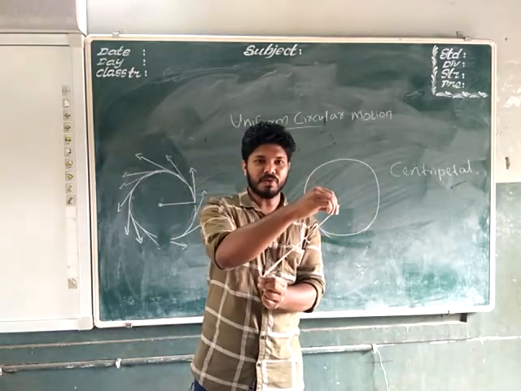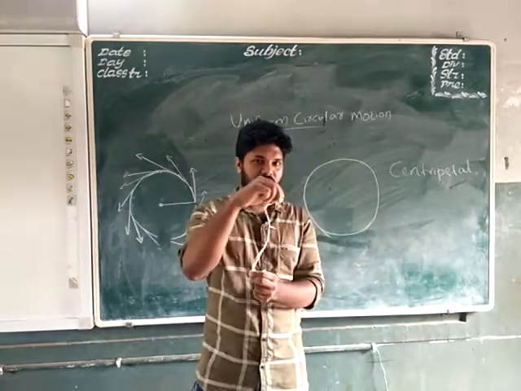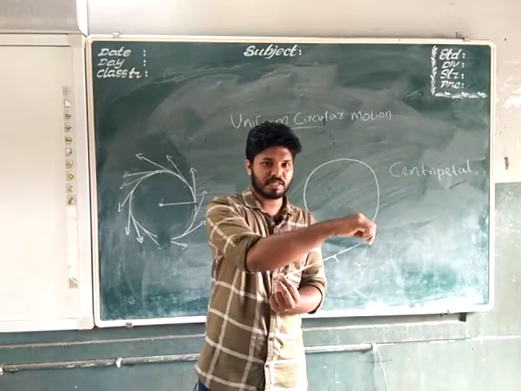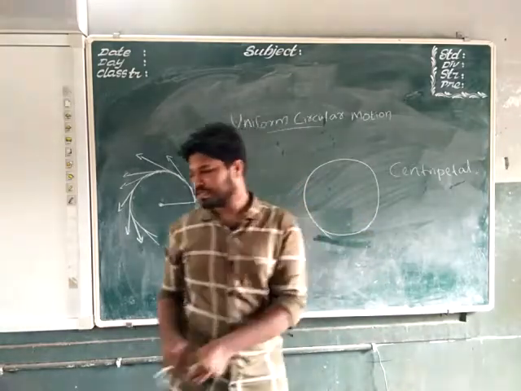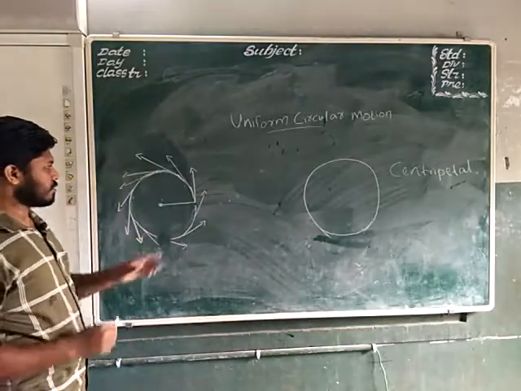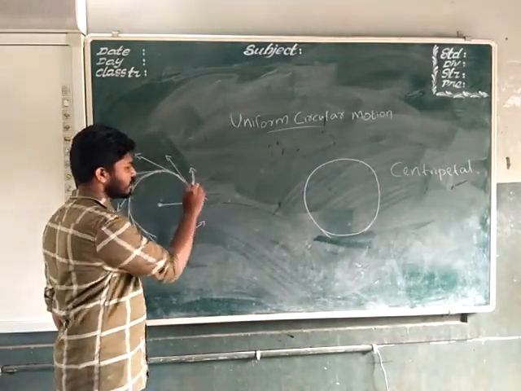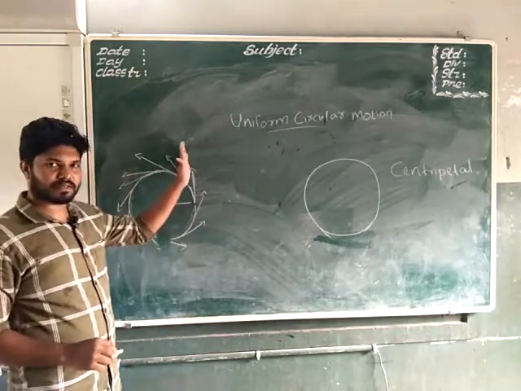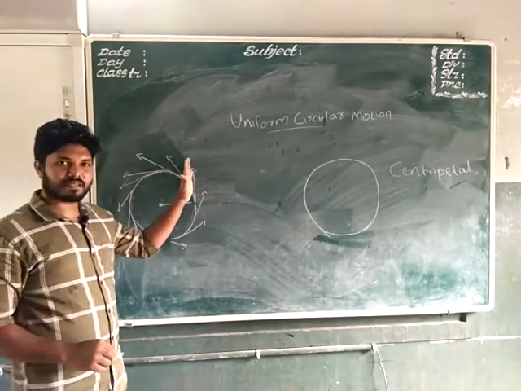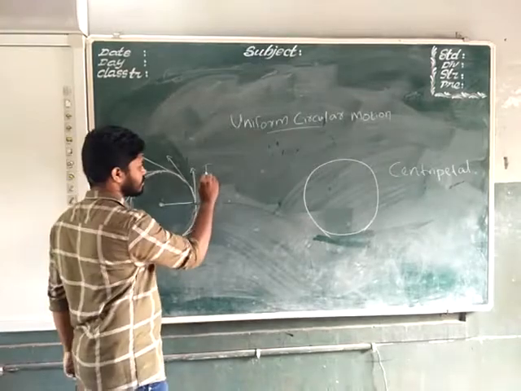At every point it wants to go straight, but the pull from the center makes it move in a circular motion. So at every point the stone or the body wants to go in a straight line. These lines are called tangents.